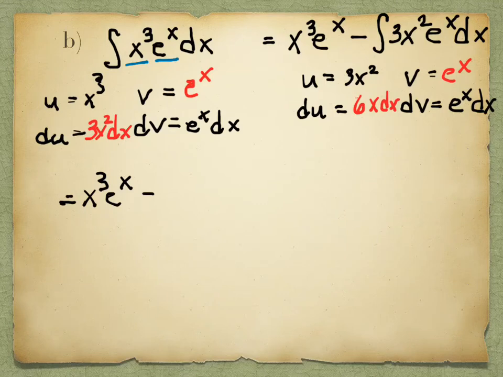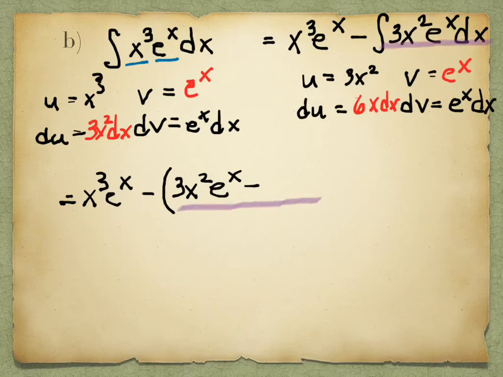Well, u times v is 3x squared e to the x. Now, I'm going to put them in this step because I don't want to confuse you, but I do have a minus next, and it's got a minus on the inside and that minus on the outside. So in a minute here, it's going to be a plus. But within the formula itself, this piece right here is coming into play right here only.